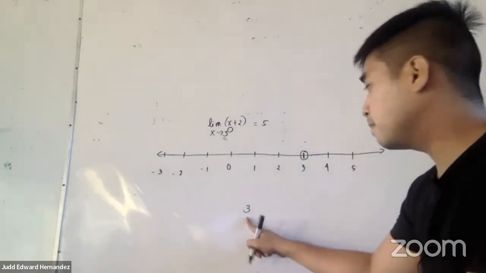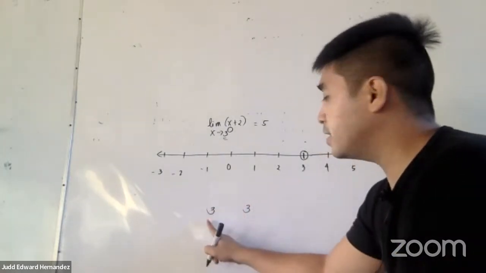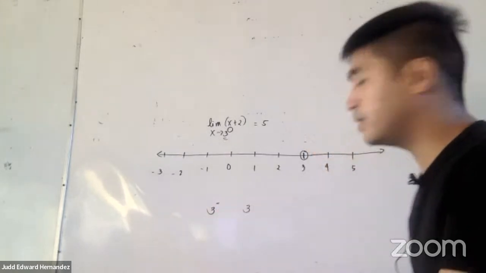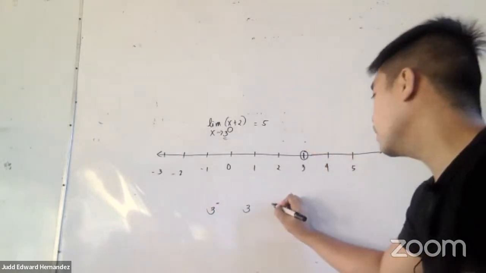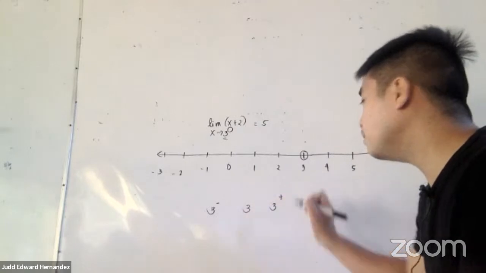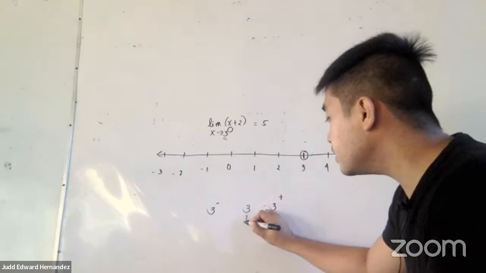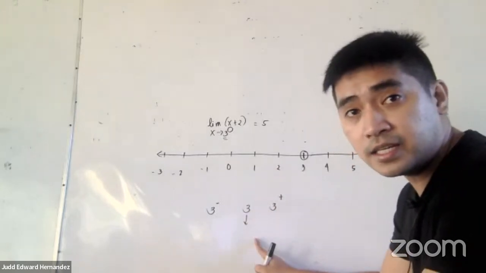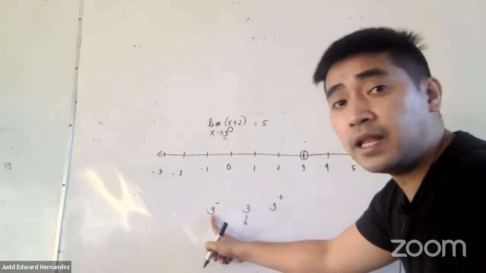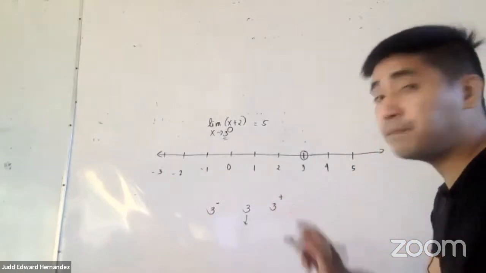This is 3. This is 3 from the right, and this is 3 from the left. Okay, yun po yung pagkakaiba niya. This is 3, exactly 3. This is 3 from the left, and this is 3 from the right.